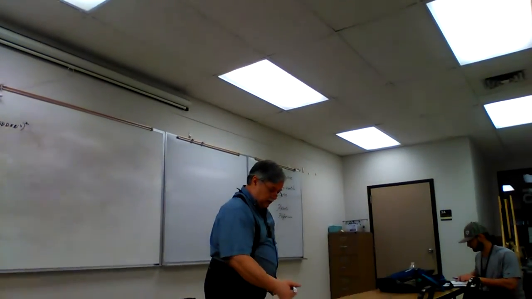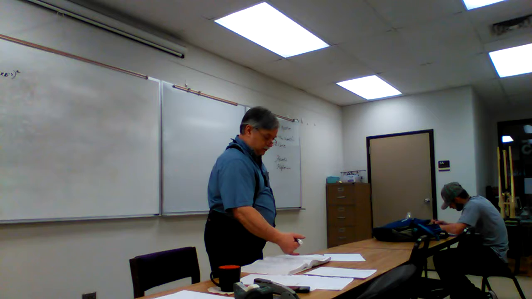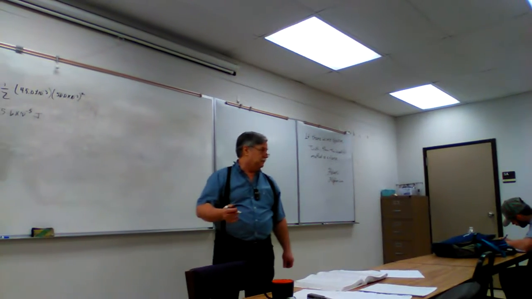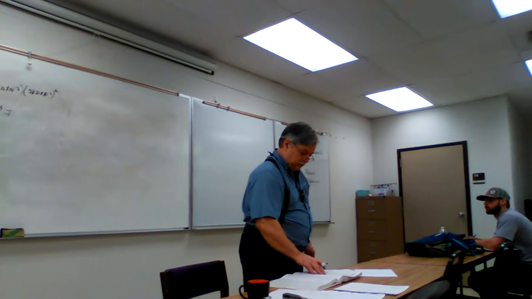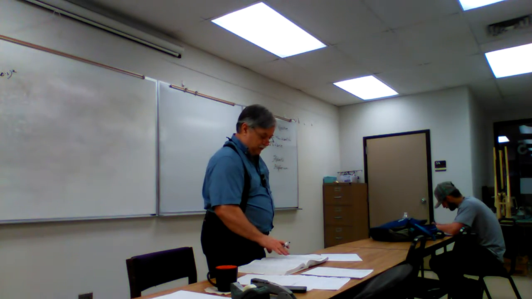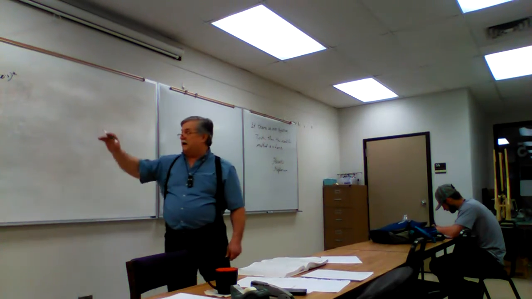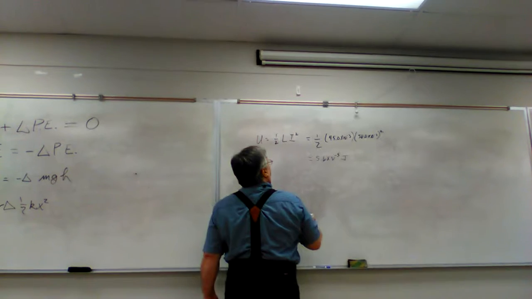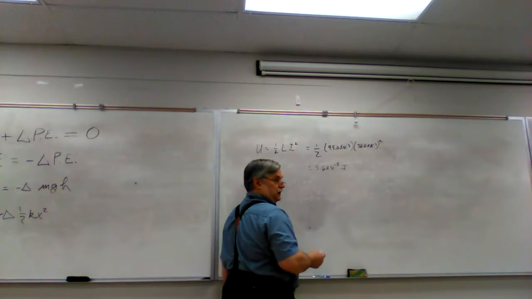Now, it says that the current is increasing at a rate of 115 milliamps per second. And it wants to know how long it takes for the energy to go up by a factor of 5. So what is 5 times that much energy? What's 5 times 5.6 times 10 to the minus 5?